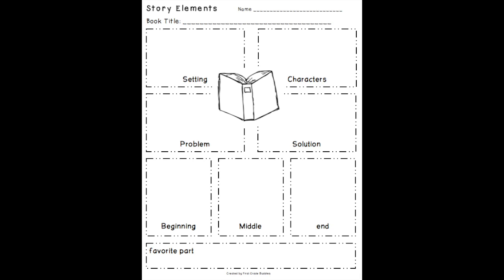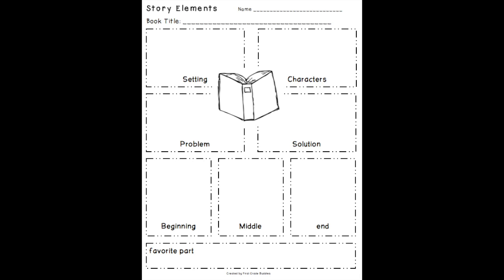This worksheet that I've just passed out will help us independently go over the story elements of Officer Buckle and Gloria. First it asks you for the setting, and then the characters, which I know you guys can do. Then it asks the problem and the solution.